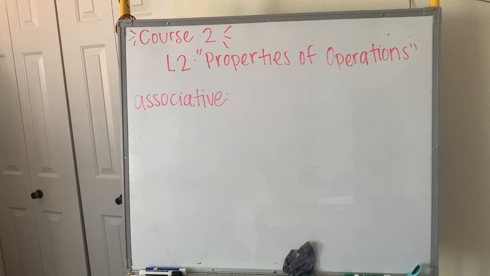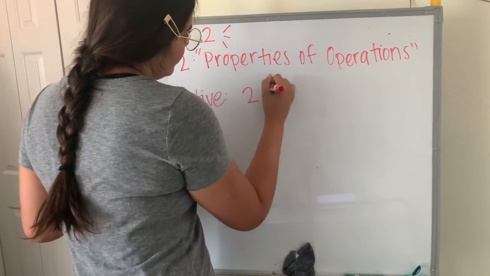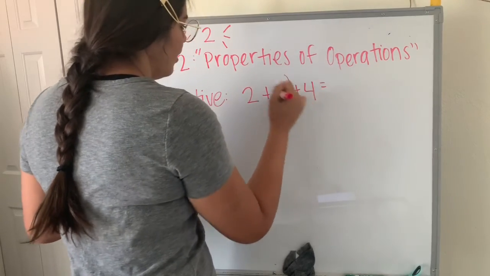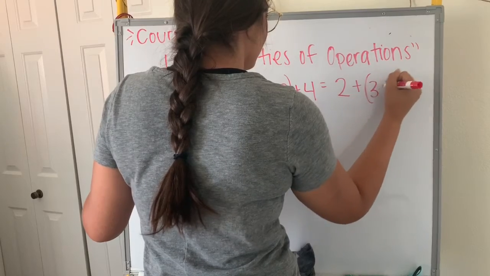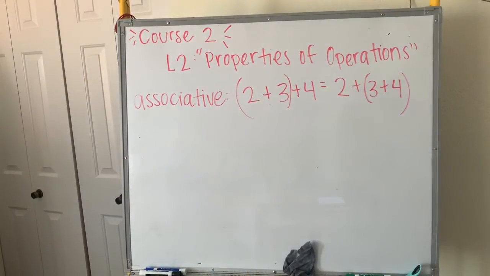The associative property. So the associative property for addition states that the grouping of addends does not change the sum. So for example, if I had 2 plus 3 plus 4, and group them differently, would I get the same answer?